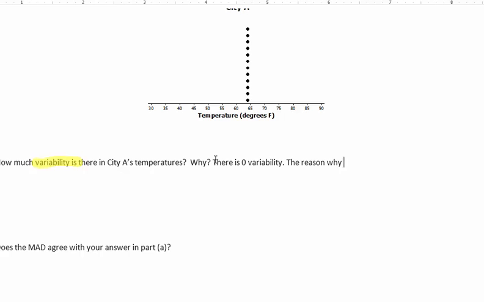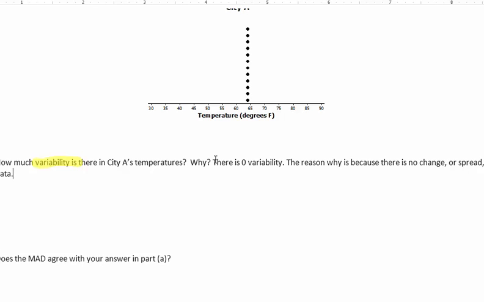The reason why is because there is no change or spread in the data. My data is all the same number, so there's no change in it. Okay, does my MAD agree with our answer in part A?